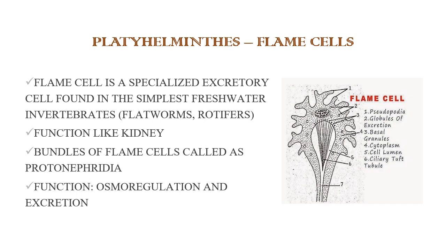From the lumen the waste products are packed in vacuoles and passed to the other layer, known as the pseudopodial layer, number 1. So from the body lumen it is packed into the vacuole, and that vacuole is fused with the pseudopodia and excreted to the outside environment. This is how the platyhelminthes remove the waste products.